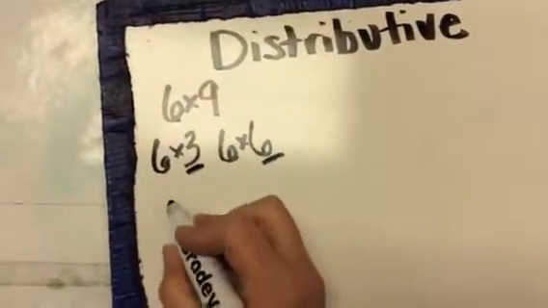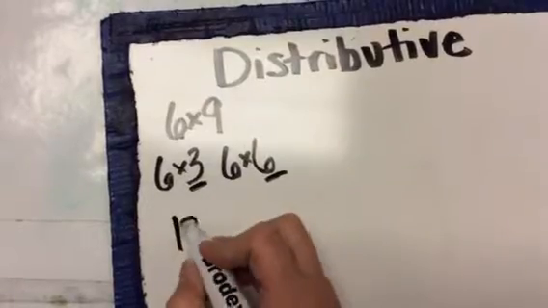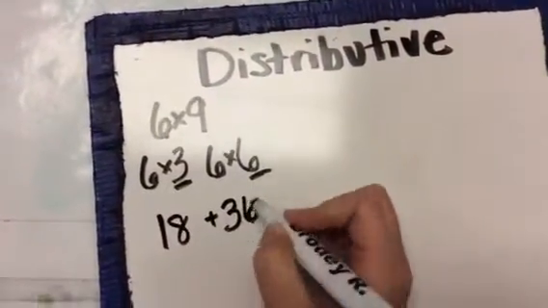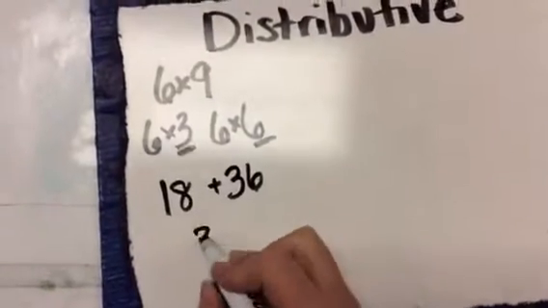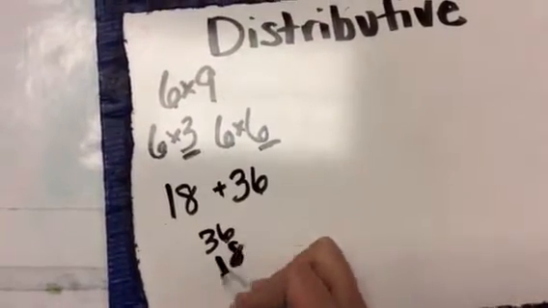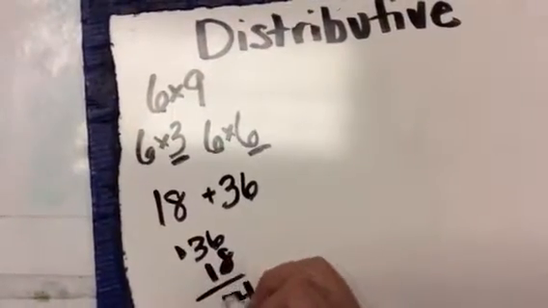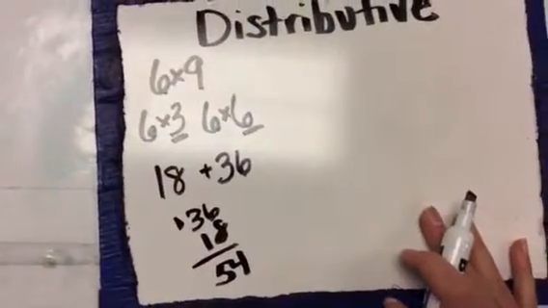When I solve this, I'll get 6 times 3 is 18 plus 6 times 6 is 36. I add those together to get my answer. So my answer is 54.